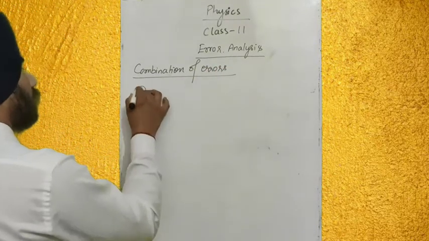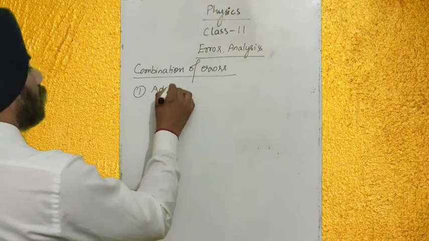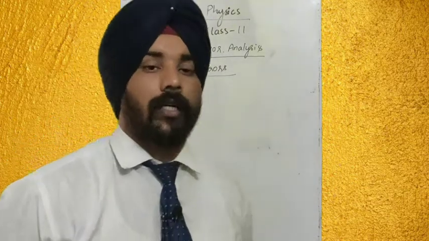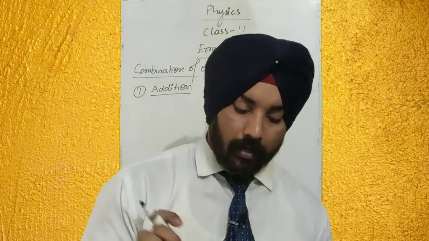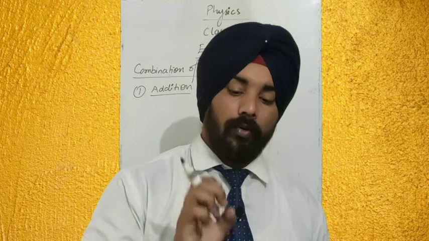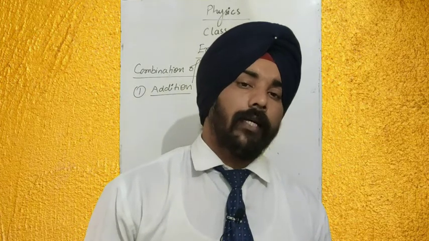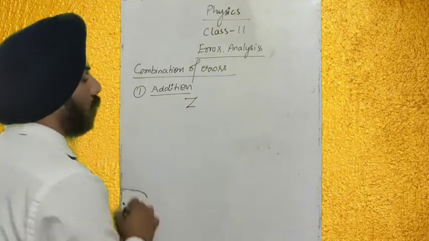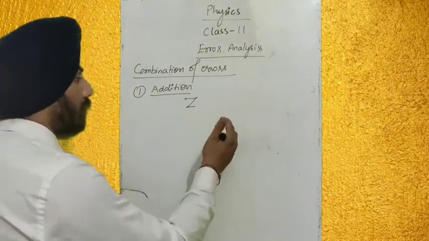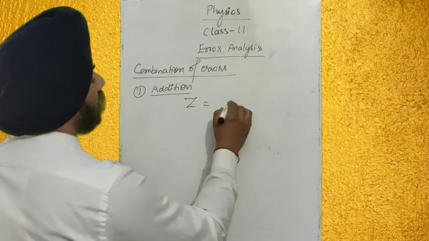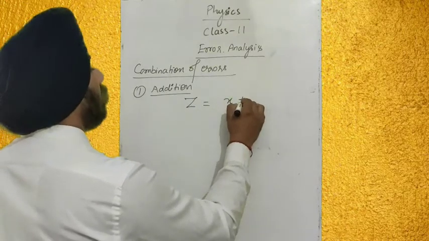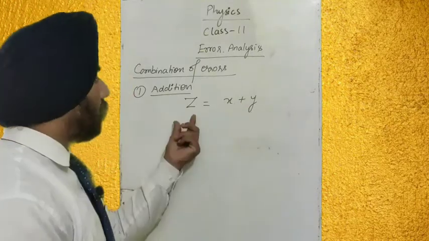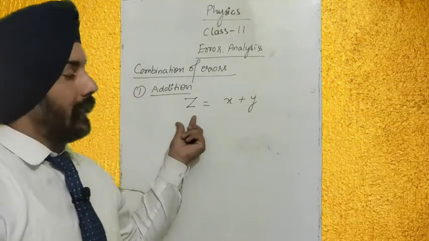So first let's take one expression, that is addition. We are going to add two quantities, and when we are adding two quantities, how are the errors going to be combined together? Let's take an example, a quantity z. z is the result of addition of two quantities x and y. When x and y are added together, they give a result z.